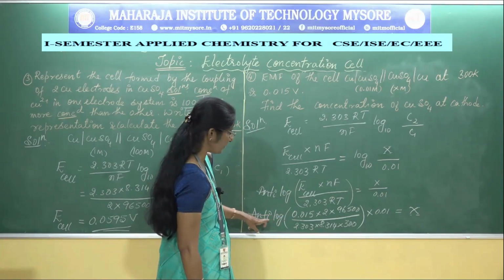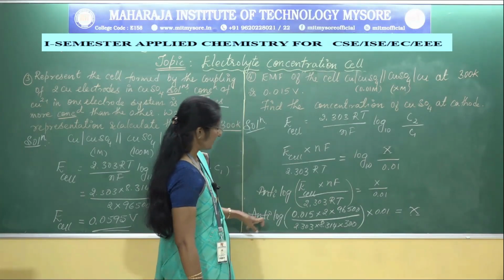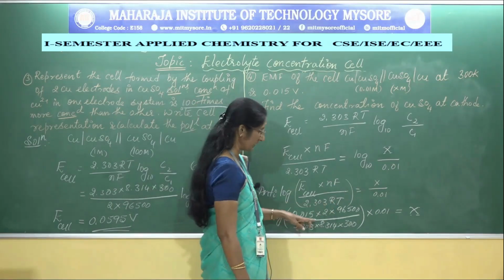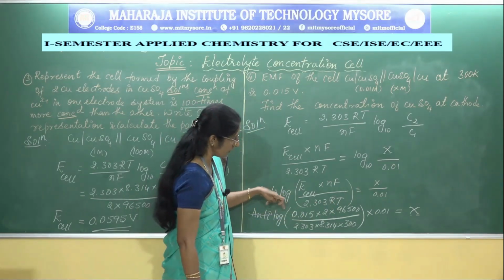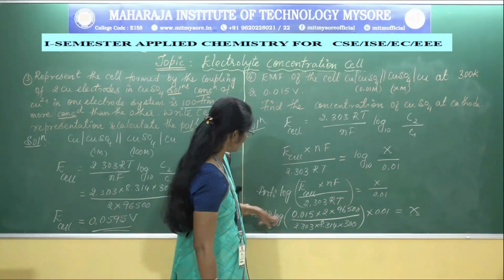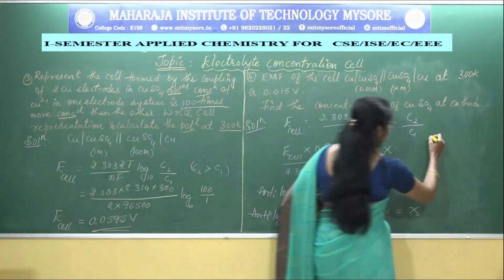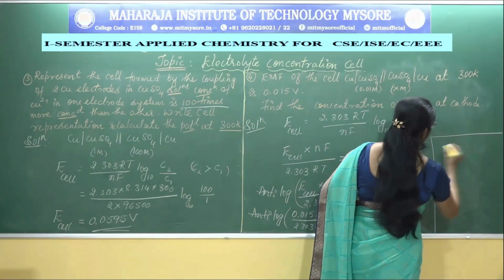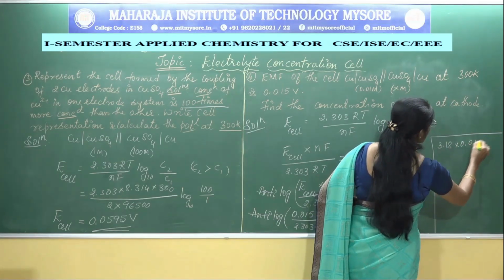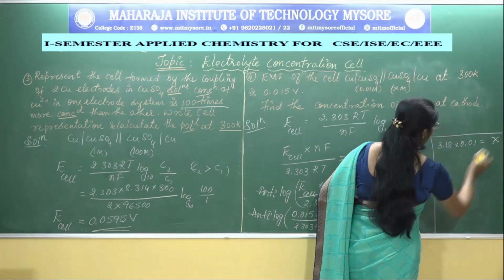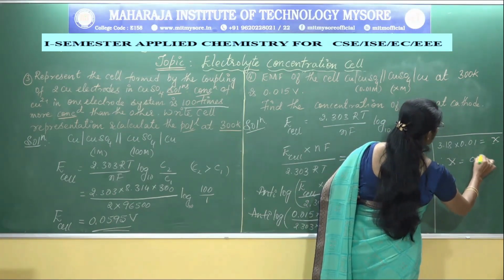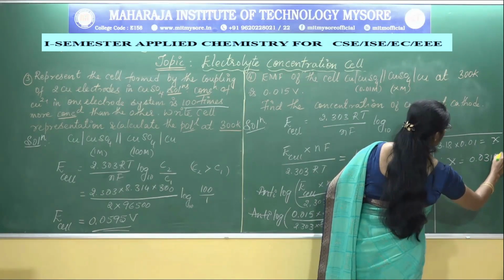How to find the anti-log in the calculator? First, press the shift button, then press log, then enter this value. Then you will get the anti-log value. Is it clear? So find out the anti-log for this. We get 3.18 into 0.01 is equal to X. So therefore X is equal to 0.0318 molar.